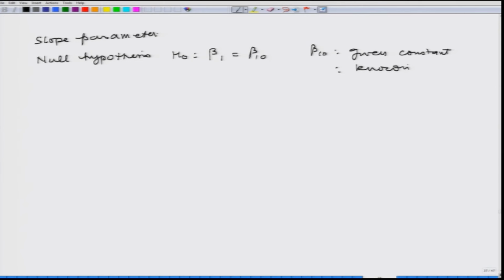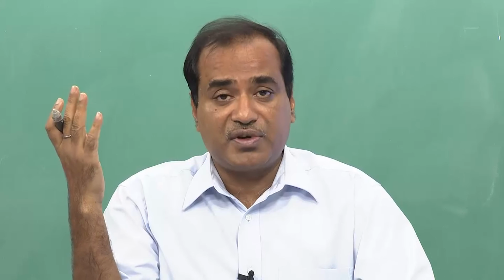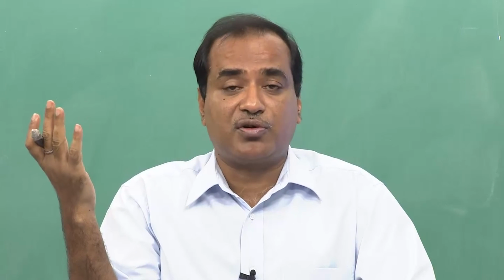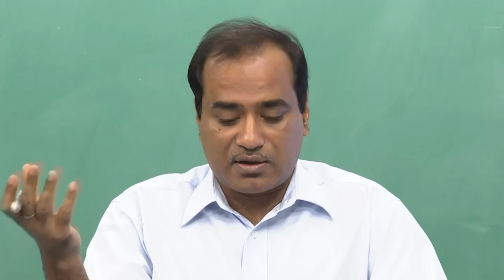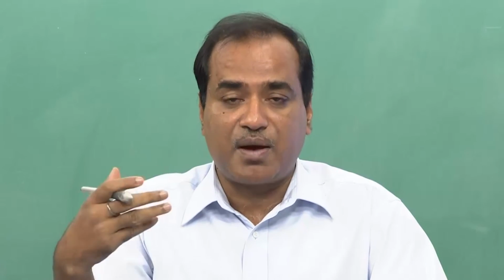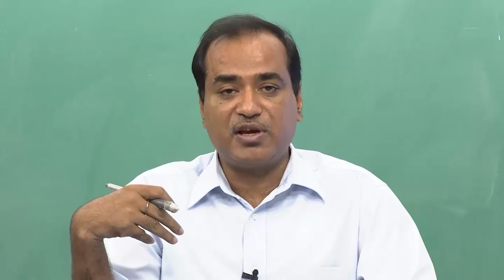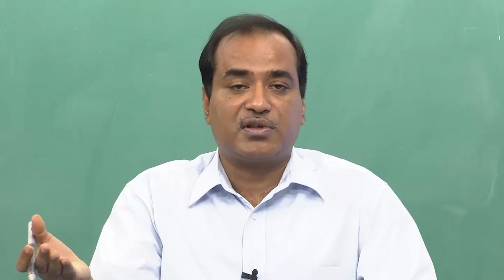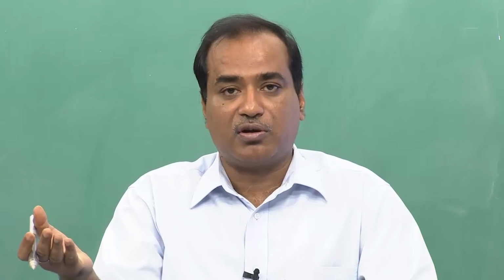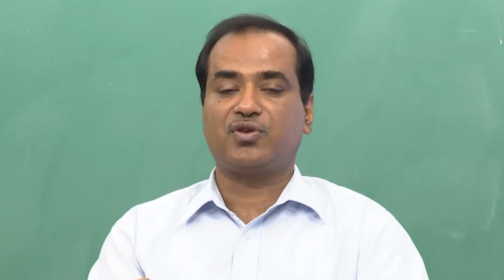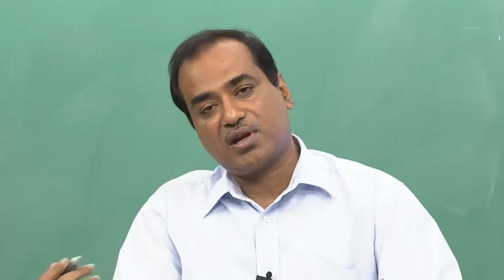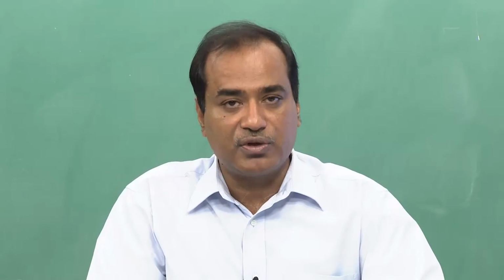Before going forward, I would like to inform you that this test of hypothesis and confidence interval estimation play a very important role in getting a good model. Later on, you will see that through testing of hypothesis and confidence interval estimation, we try to judge whether a variable is important or not. So, it is very important for us to understand how we are going to develop the test and under what type of conditions we are going to use it.